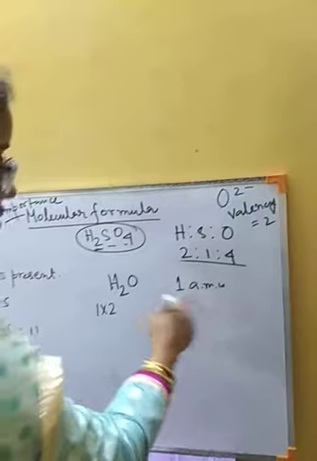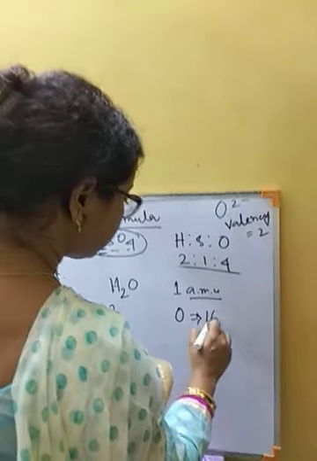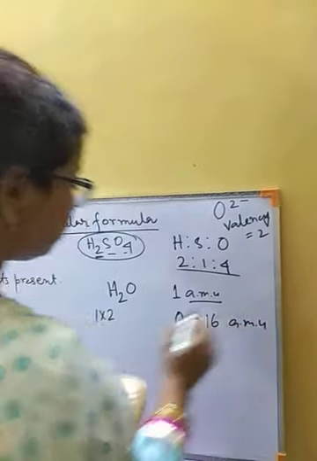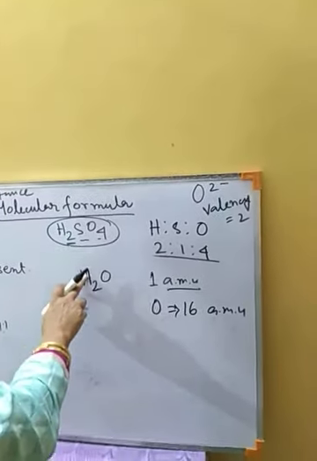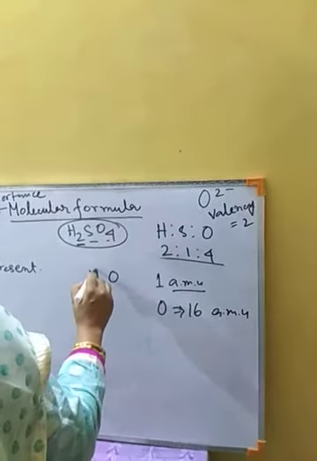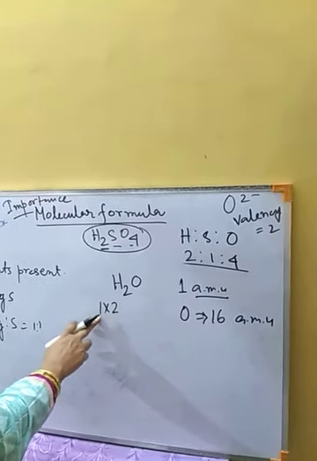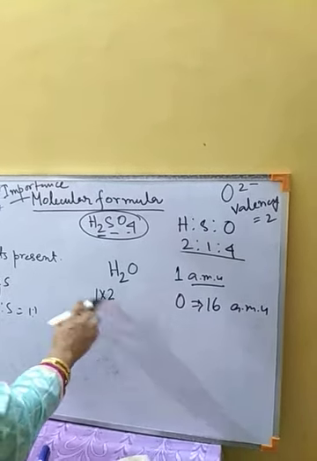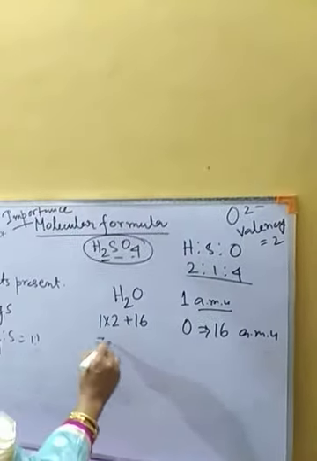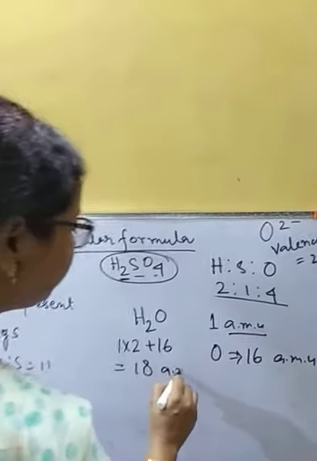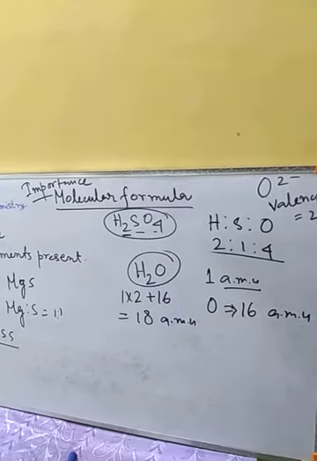So AMU is the unit, and for oxygen this will be 16 AMU. Now in this molecule 2 hydrogen atoms and 1 oxygen atom are present. So 1 into 2 plus 16 for 1 oxygen atom. So total this will be 18. So the mass of one water molecule is 18 AMU.